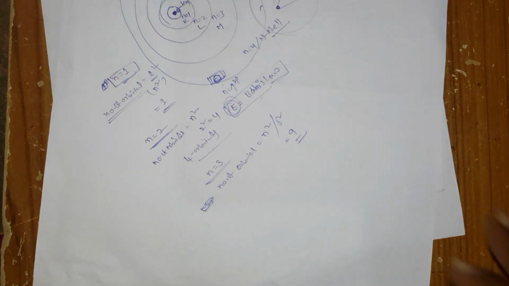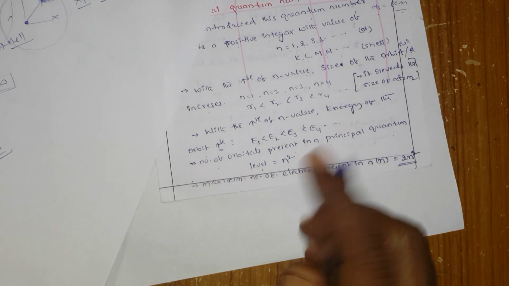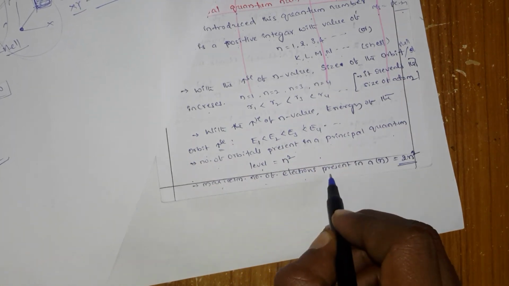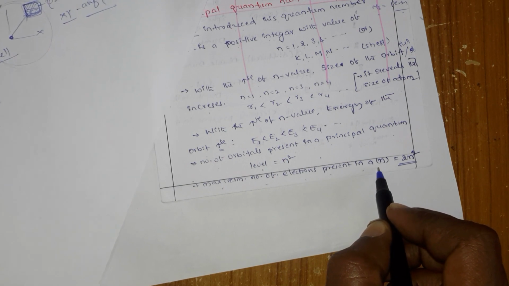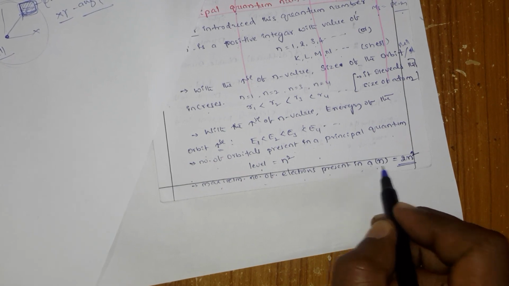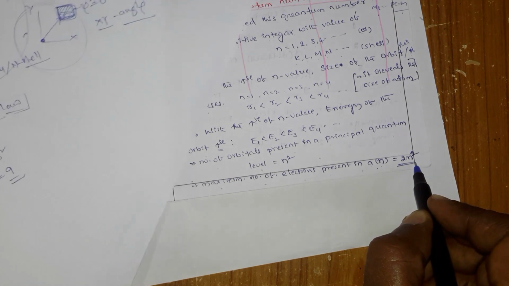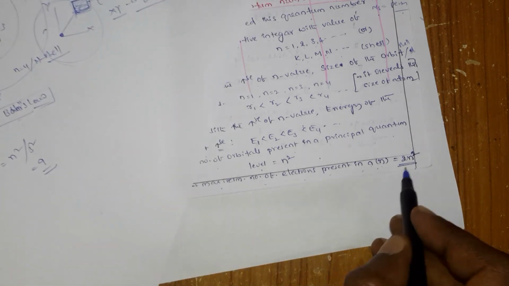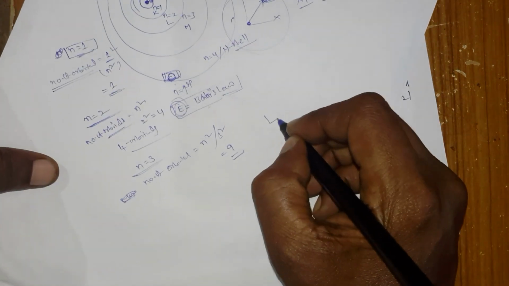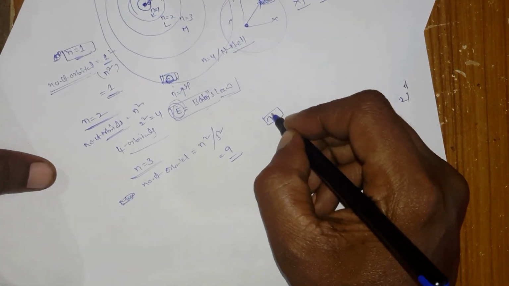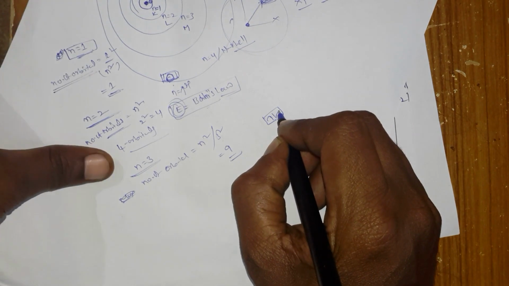And the next one, the maximum number of electrons present in a principal quantum level. Earlier it was n square, now it is 2n square, because on each orbital, you know, the maximum of 2 electrons can be present.